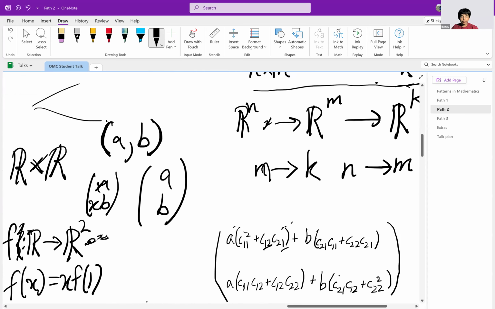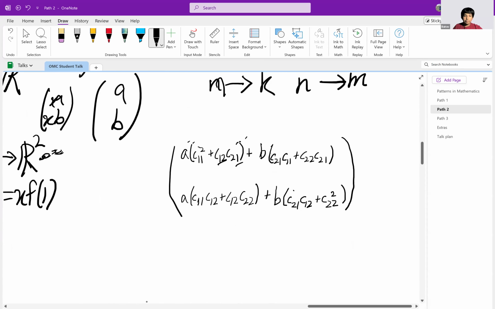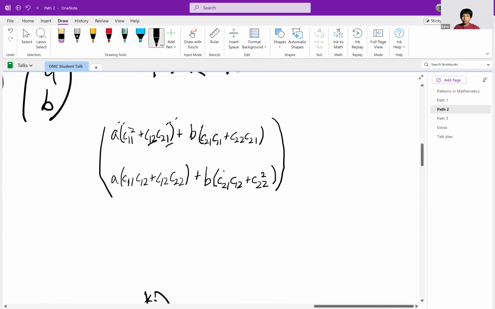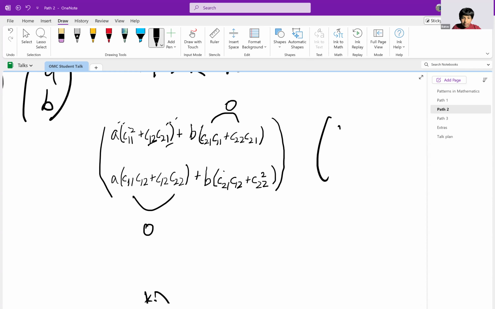Yes, so we can also look at some involutory linear transformations. So if we have them as 2 by 2 matrices, then we get this is equal to 0, this is equal to 0. This is just for a matrix squared, I guess.